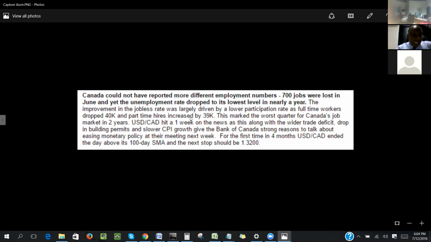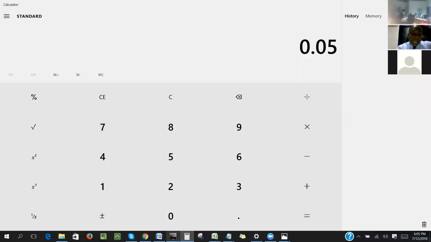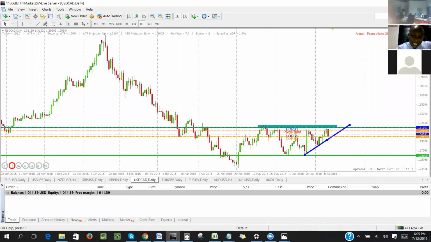We are looking at a discussion that will go around reducing interest rates. If that is going to happen, then the Canadian dollar will fall and the USD will gain against it. So if you are selling this currency pair, let it be a short-term selling.